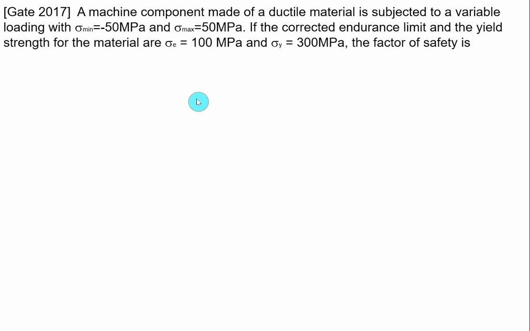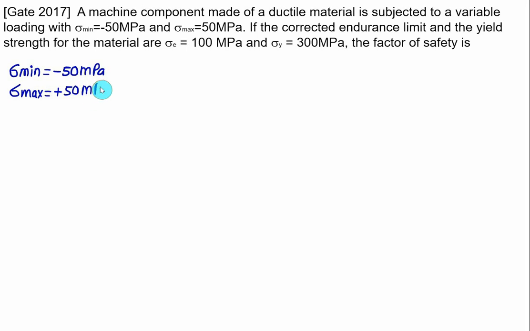So we'll first check the type of loading, and then we can think of the Soderberg theory because he has given the value of SY. In this case we have sigma minimum given as minus 50 megapascal and sigma maximum given as positive 50.